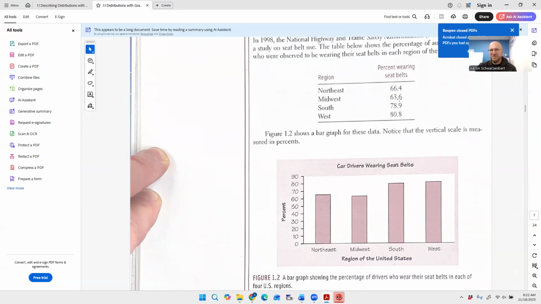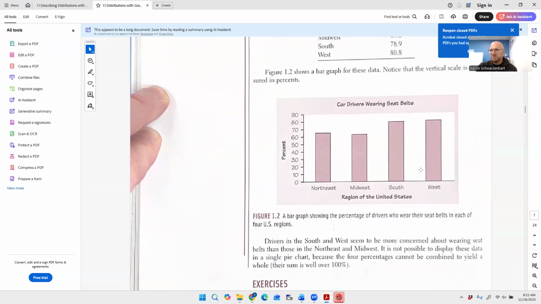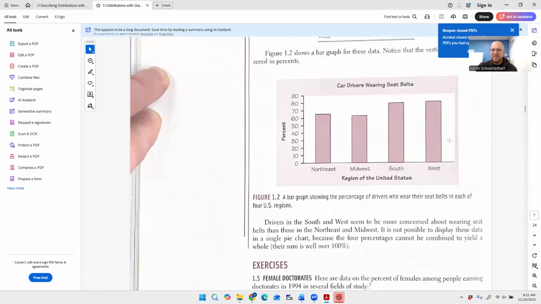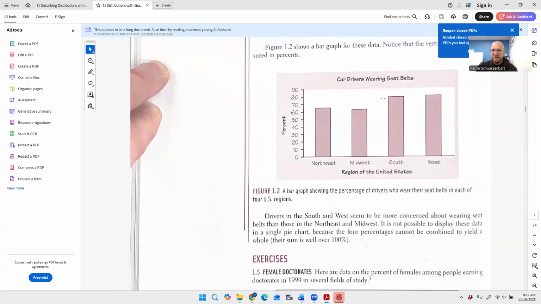I knew people didn't wear their seatbelts, but 37% of people didn't wear a seatbelt. So a third of people. My parents made me wear a seatbelt. So this representation says the South and West are basically equal. Northeast and Midwest are pretty close, with Midwest slightly less.